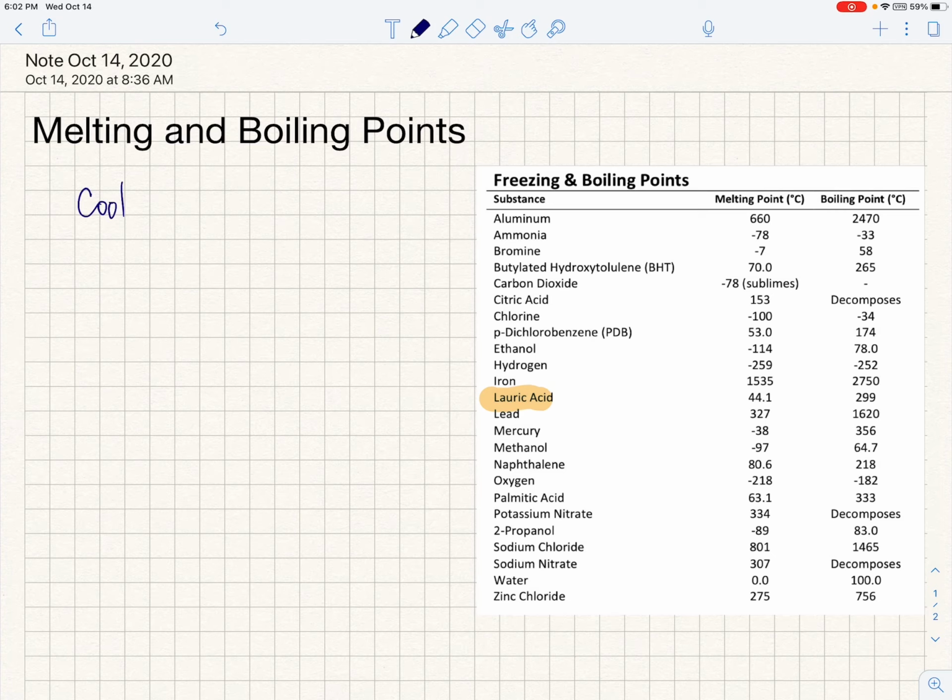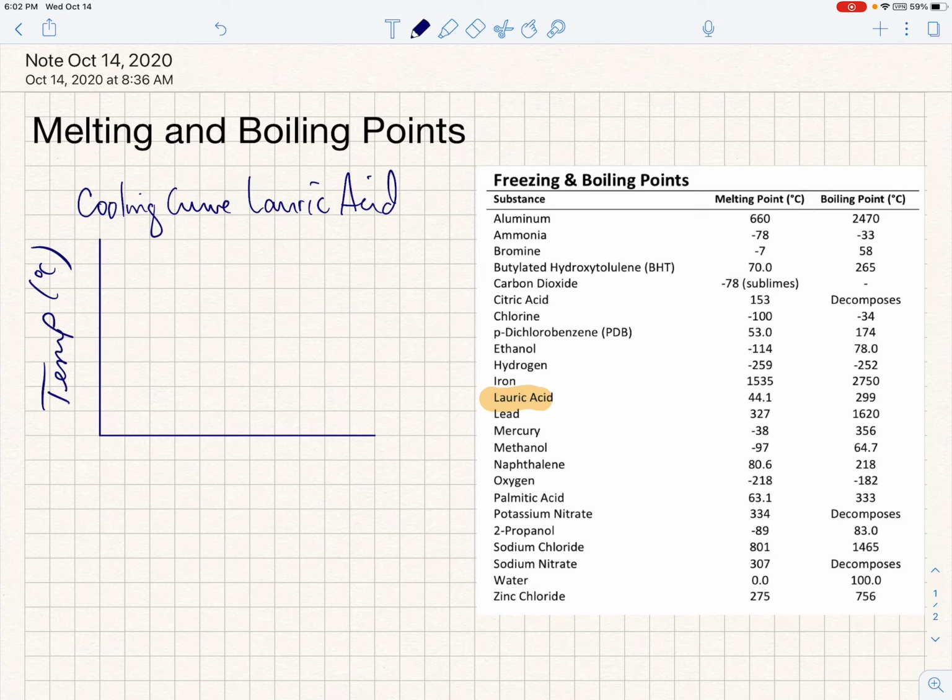So the cooling curve of lauric acid. You know that a cooling curve is a graph. It'll have a y-axis, a vertical axis where you list the temperature in degrees Celsius, and it'll have an x-axis, time.